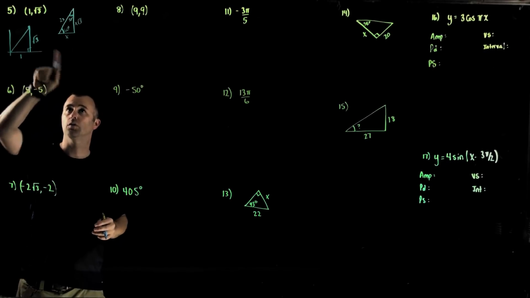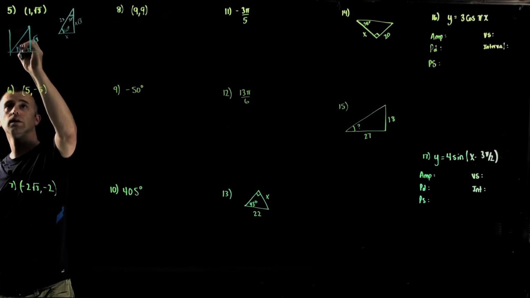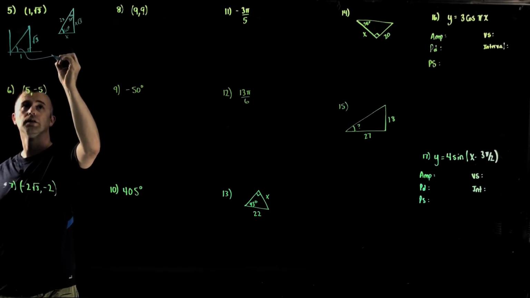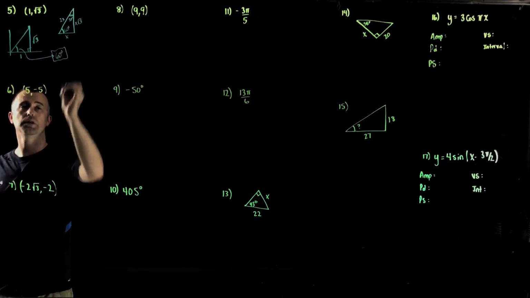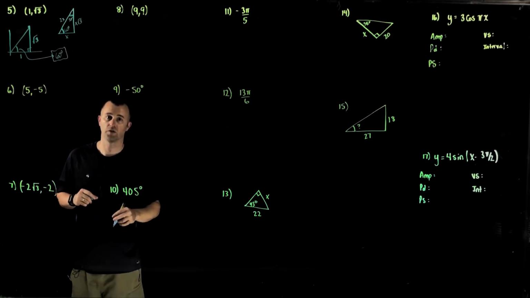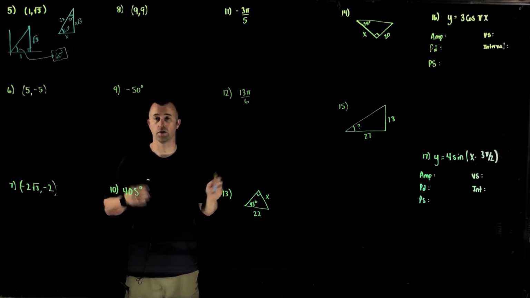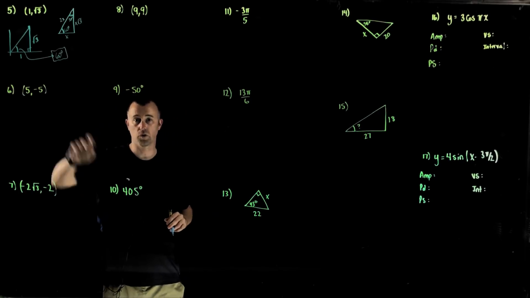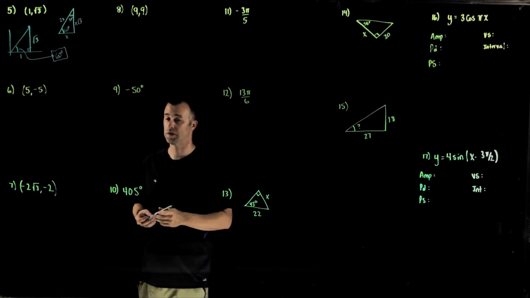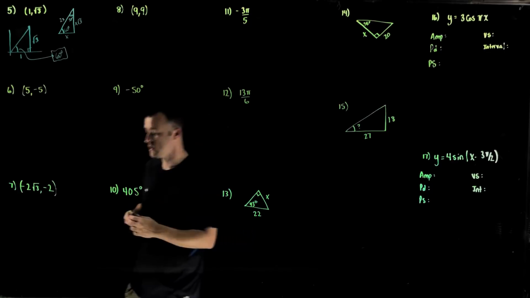That's my x radical 3. So that angle right here, that is going to be 60 degrees. So that's 60 degrees. That's your angle for number 5. That's all you're doing. You have to know those special right triangles. So know that one, and know your 45, 45, 90 as well if the sides are equal. So that's what's happening here.